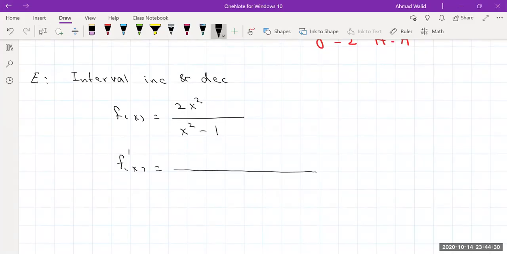The derivative of denominator or your g, which is x squared minus 1, times the derivative of numerator, which is 4x, minus numerator, which is 2x squared, times the derivative of denominator, which is 2x. Correct? Over denominator squared, x squared minus 1 all squared.